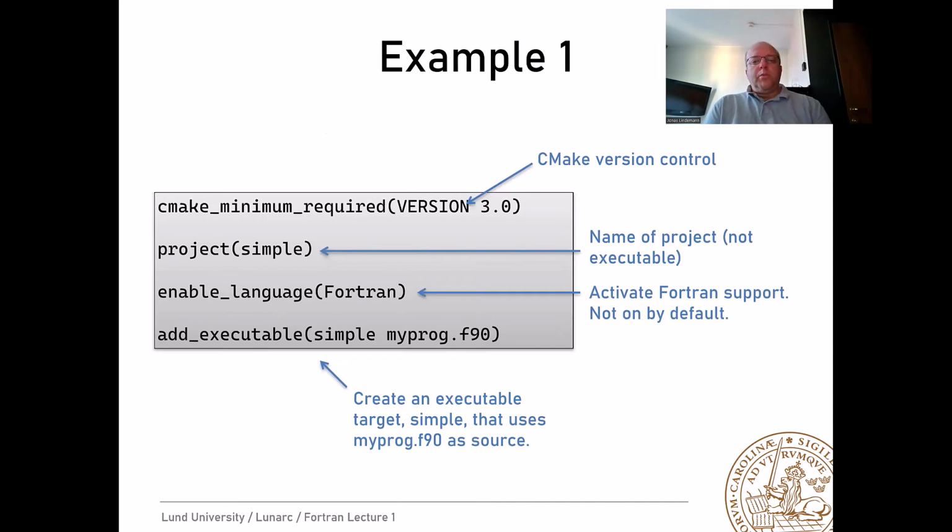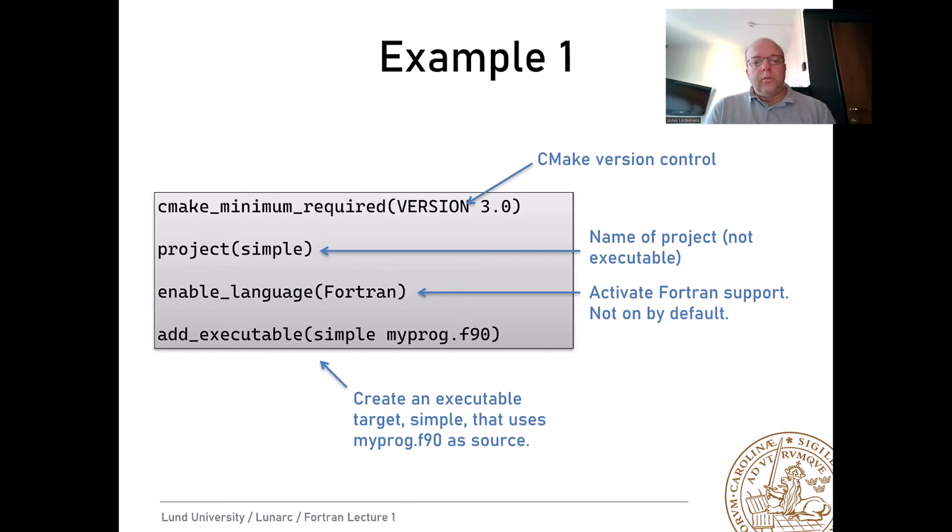So here is an example of a CMake file. The first line here is something that you need to add so that the CMake tool will recognize which version of CMake you used. Today I think it's 3.10 or something. Now this is 3.0, which is a bit old.